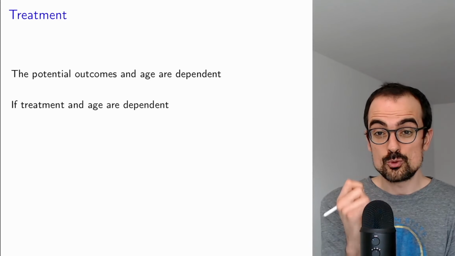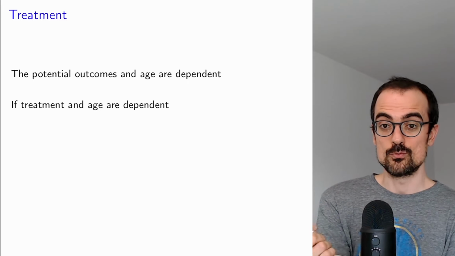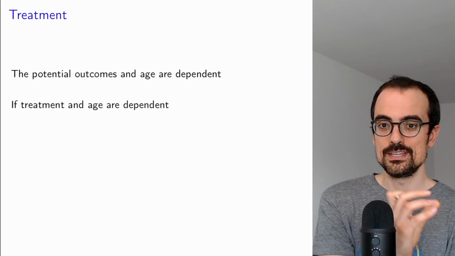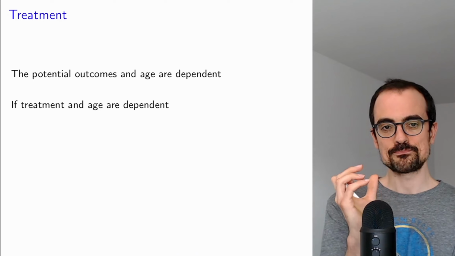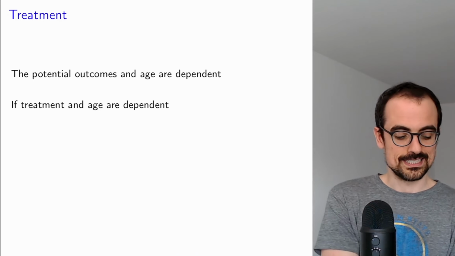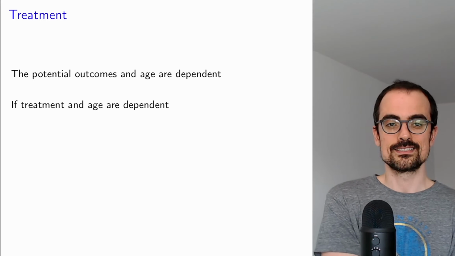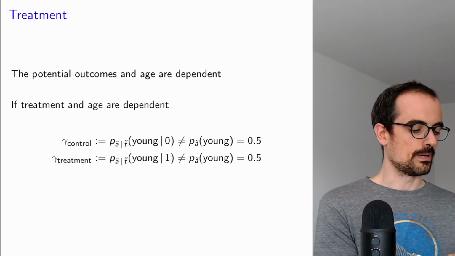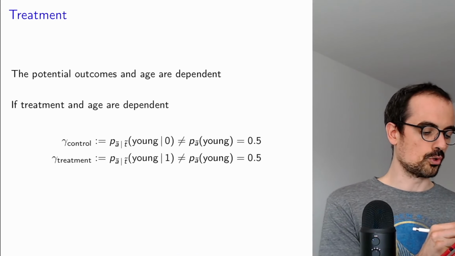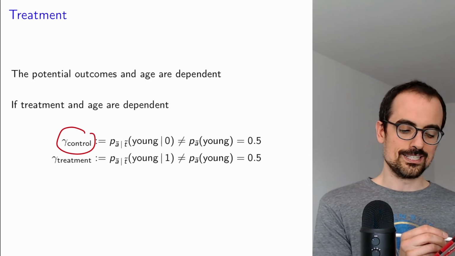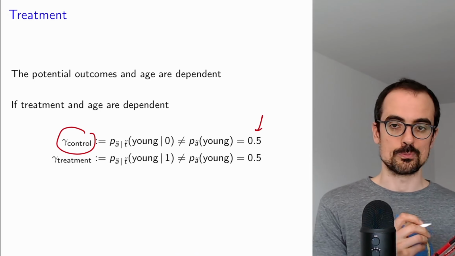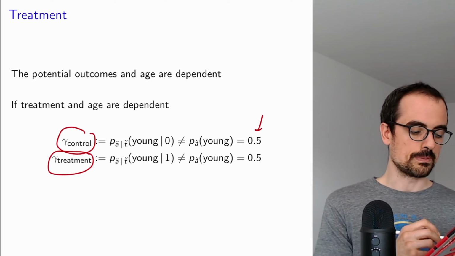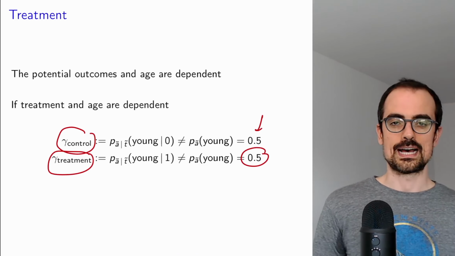So now, if treatment and age are dependent, if we're treating different ages differently, then that is going to induce a dependence. For example, the percentage of people within the control group that are young is not half, as in the general population, and the percentage of young people in the treatment group is not half either.